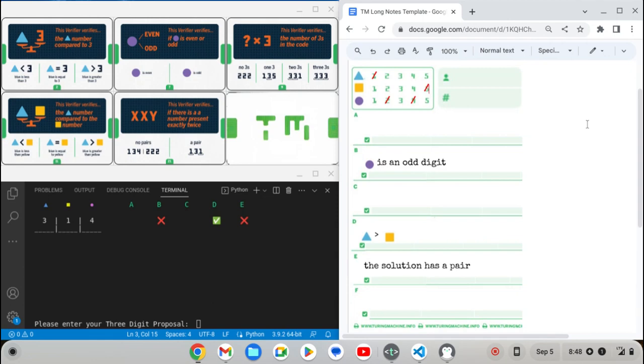Let's see. And between triangle and square, we should be looking at numbers along these diagonals, since triangle is to be greater than square.